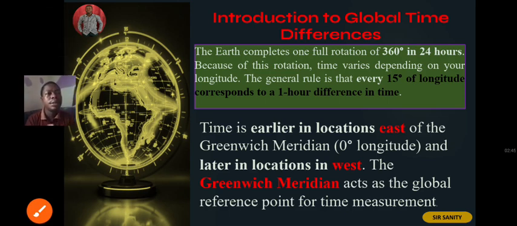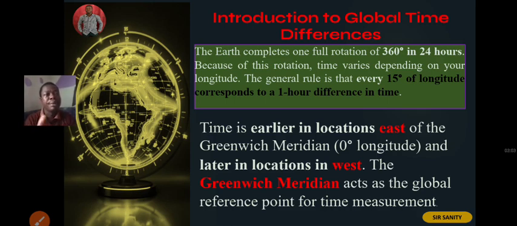Now, since the time is earlier in locations east of the Greenwich Meridian, as I said earlier on, all the places at the eastern part of the Greenwich Meridian, which is longitude 0 degrees, have a time ahead of that.